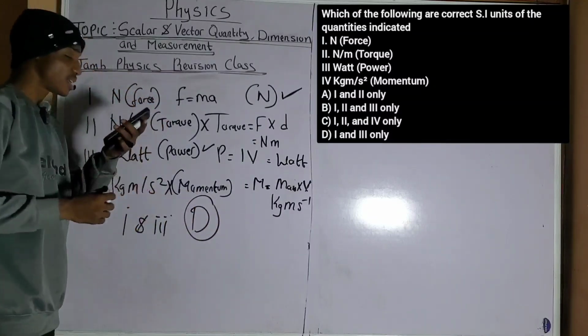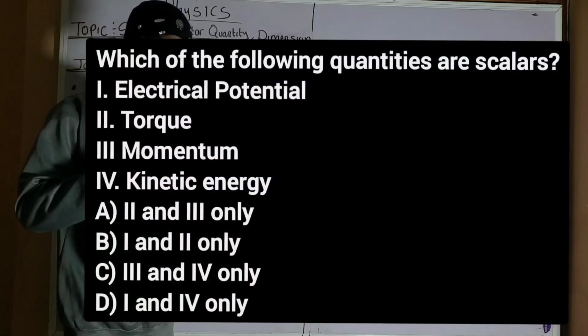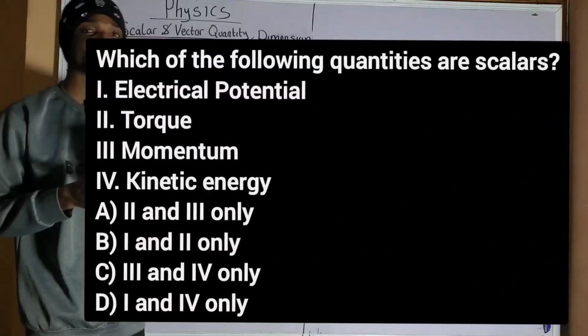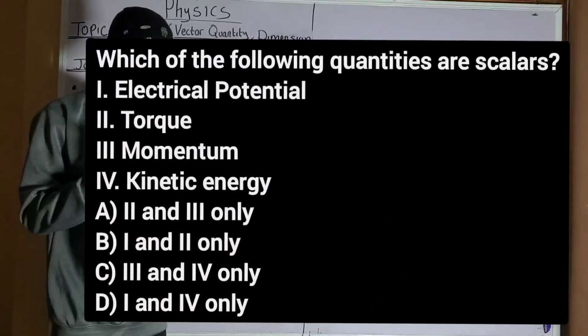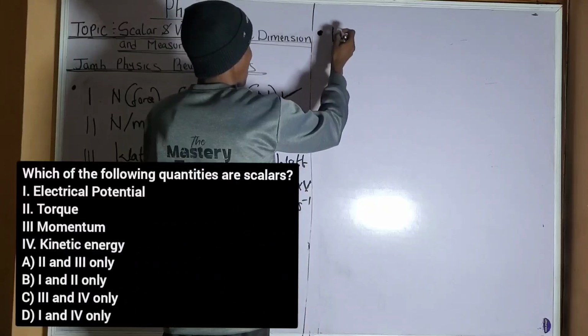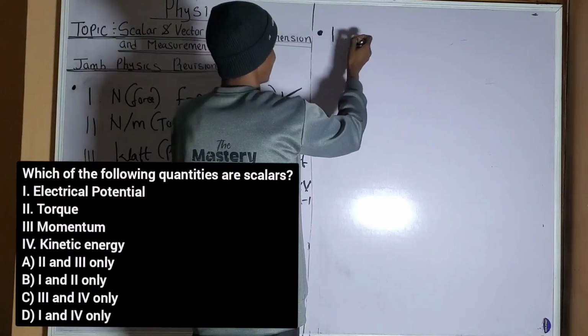Okay, now let us look at the next question. Which of the following quantities are scalars? Okay, scalar quantities have only magnitude, but there is no direction. Do you understand? Okay, so we have I, which stands for electrical potential.